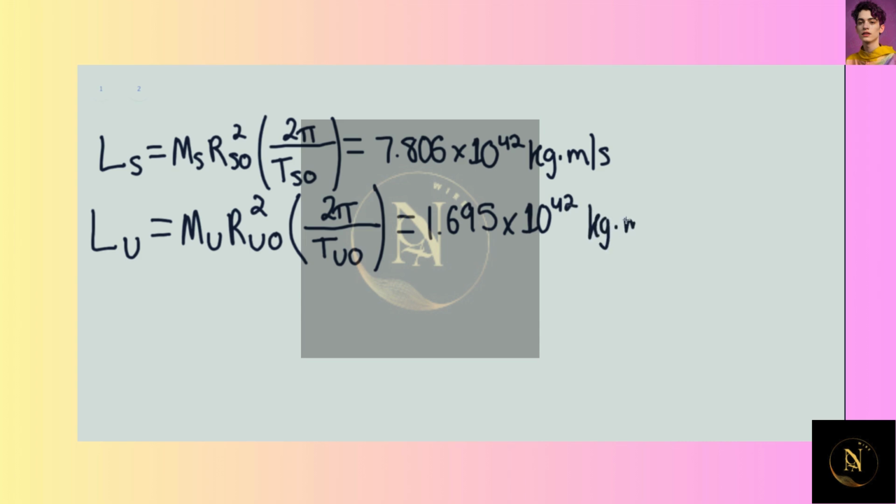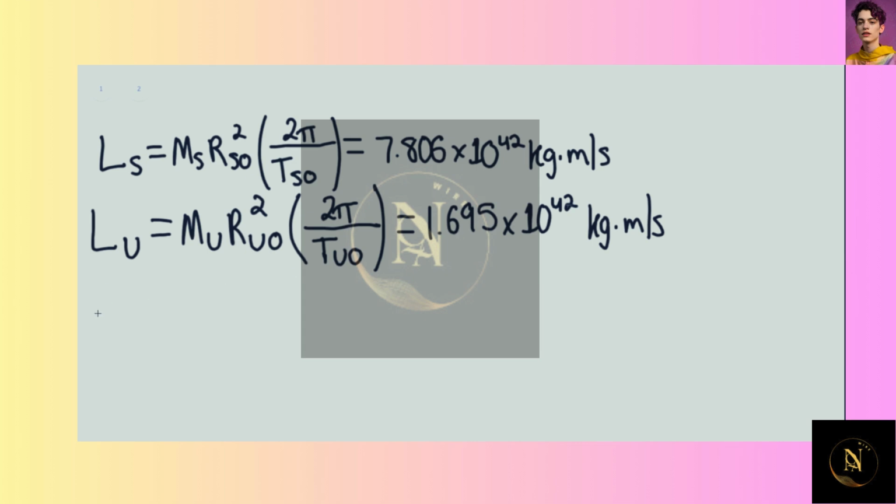kilograms meters per second. And as you can see, this is a little bit less than Saturn, and that's most likely because the increased distance from the center of Uranus to the sun is not great enough in order to account for the much larger period of Uranus's orbit. That's probably why this is much less.